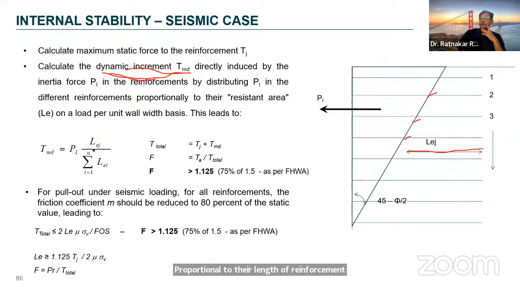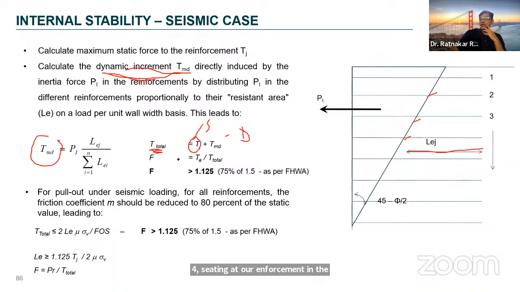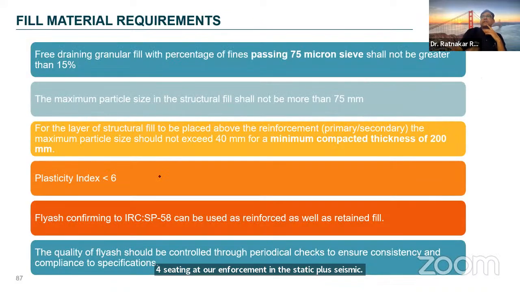That is LEj divided by the summation of LE. And that T_md is added to the static component. So this is the static component and this is the dynamic component. From the combination of these, you get the total force acting on a reinforcement in the static plus seismic condition, and then you target the factor of safety.